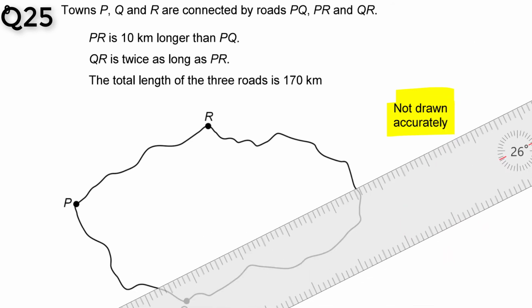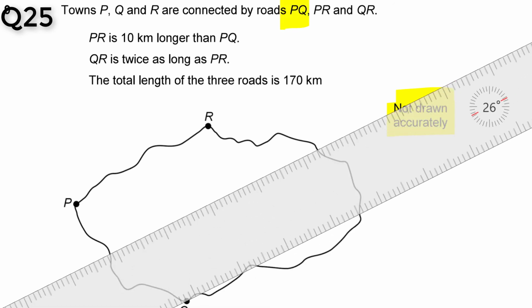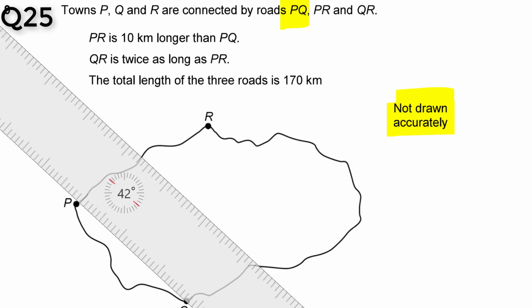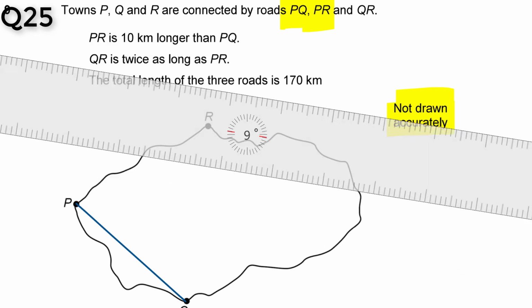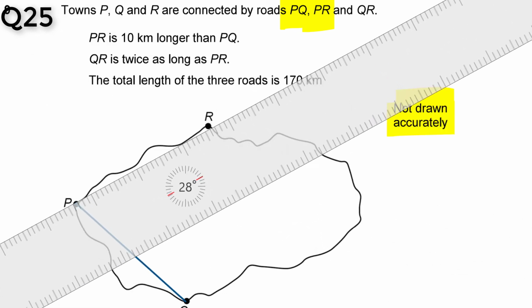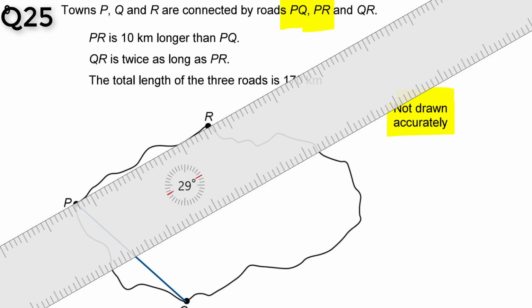Okay, I'm going to add these roads in first. They're not drawn, are they? So PQ is the road between P and Q. So let's just draw that in. PR is the road between P and R. So let's draw that in.